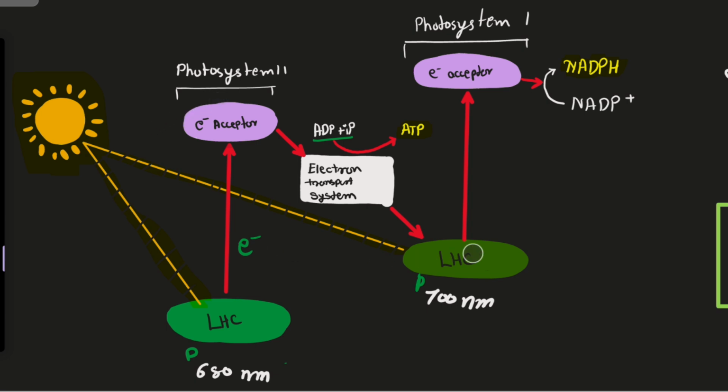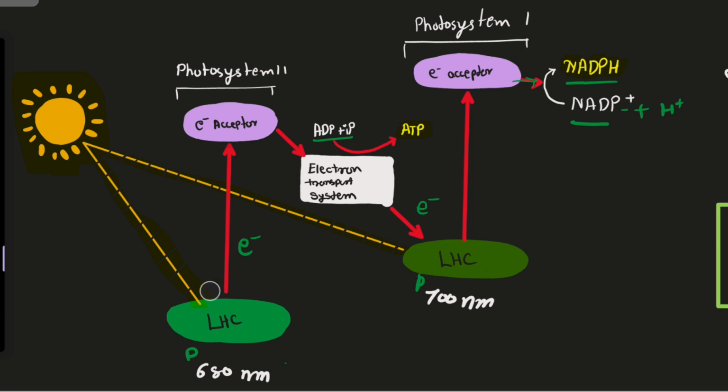Then after receiving the electron, this PS1 gives its own electron to its primary electron acceptor, and by the energy of this, taking this electron and grabbing H plus from the stroma, NADP plus forms NADPH. This is non-cyclic photophosphorylation.